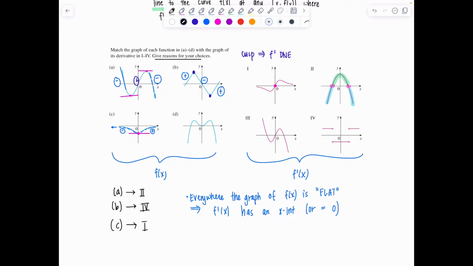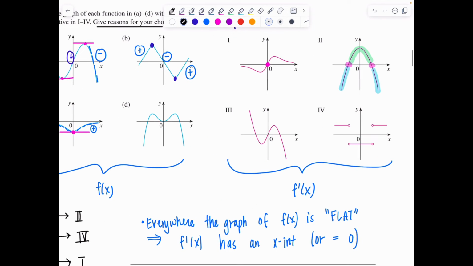Okay, and then lastly, D should be 3, but let's confirm, right? So do we have any horizontal tangents? Yes. Right here, right here, right here. 1 intercept, 2 intercept, 3 x-intercepts. Beautiful. And then just check the slopes. So over here, this portion, these slopes are all positive.